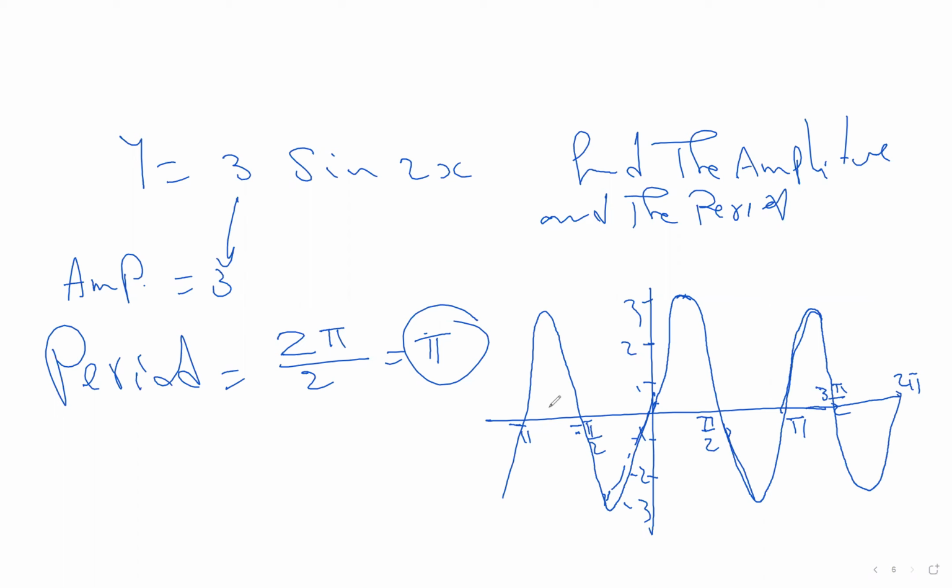This is the amplitude, which is 3, so the maximum is 3 and the minimum is negative 3. And this is the period, which is 2 pi over this number, which is pi. So start at this point 0 and end the complete period at pi. So this is a complete period, from 0 to 180 or pi.